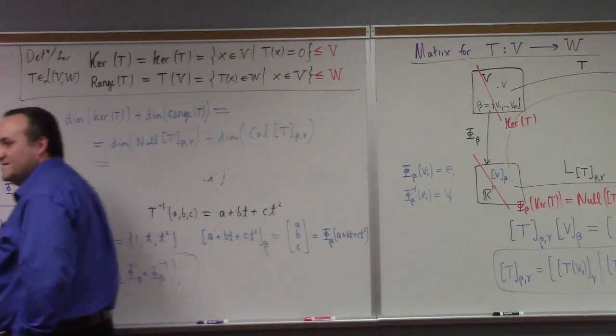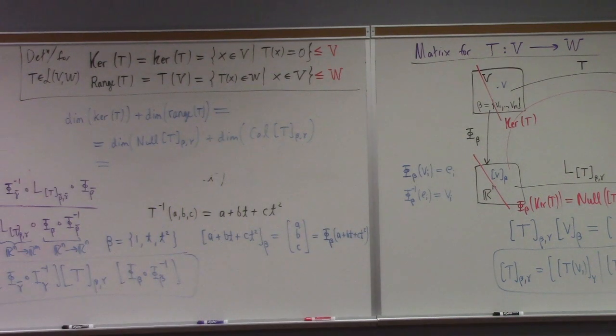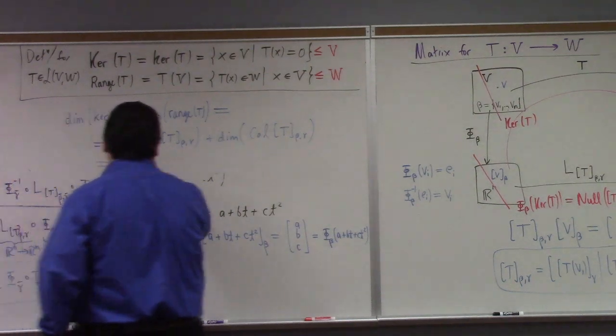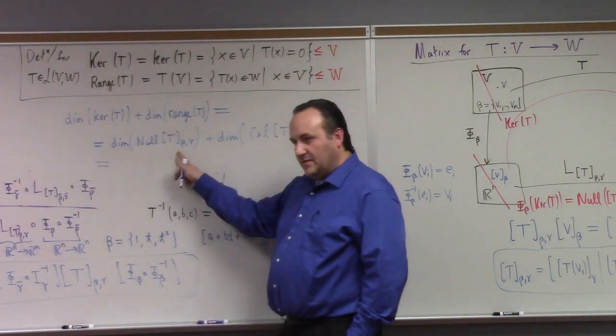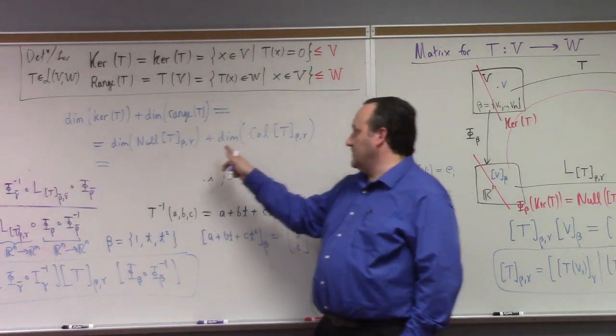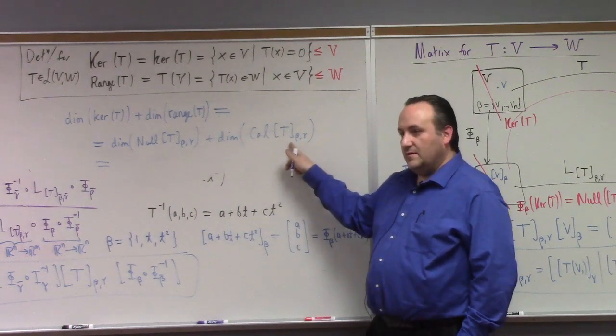What's that equal to? Well, this was the number of non-pivot columns in the row reduction. This is the number of pivot columns in the row reduction.